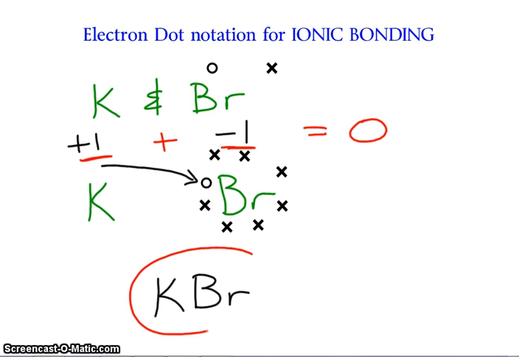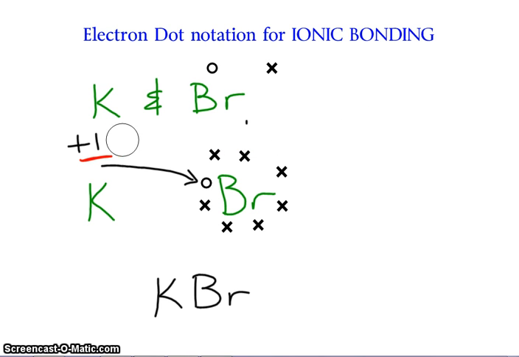This is the correct ionic formula for how potassium and bromine combine together. There's 1 potassium for every 1 bromide. But in chemistry, we don't write the ones. We only write if there's more than 1. So this is the correct formula for potassium bromide.